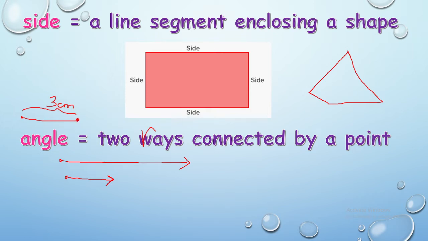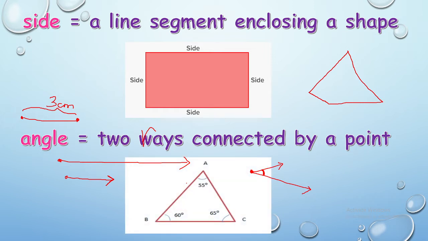But if it is a ray, you are not sure what the length is because it can go on and on and on. So an angle is made up of two rays. It means you have one here and one here. So this one is an angle, the space in between two rays. This is the angle.